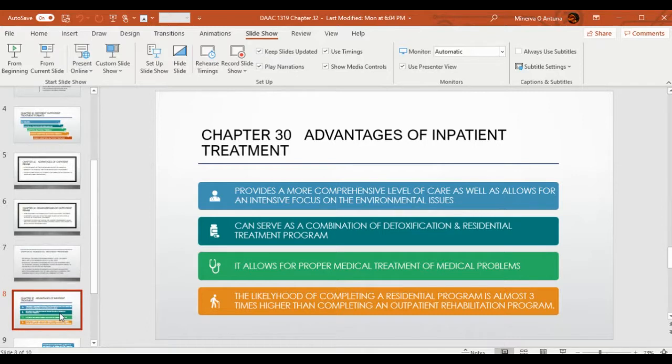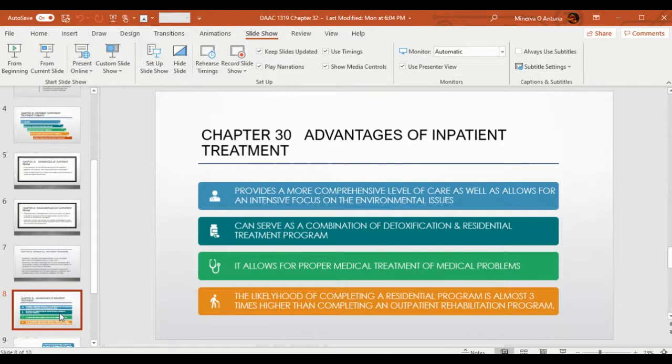And the likelihood of completing a residential program is almost 3 times higher than completing an outpatient rehabilitation program. So let me say that again. The likelihood of completing a residential program is almost 3 times higher than completing a rehabilitation outpatient program.